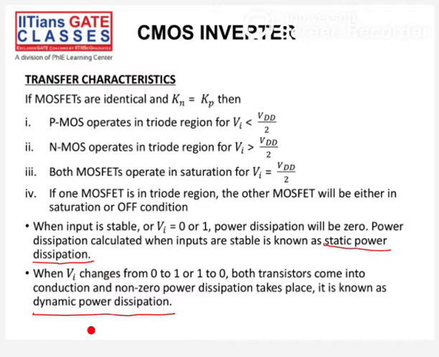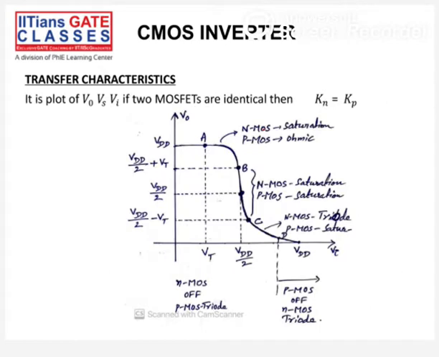From this diagram, from here to this point there is a change of state for both transistors. The NMOS, which was in cutoff, enters into saturation, and the PMOS enters into ohmic region.